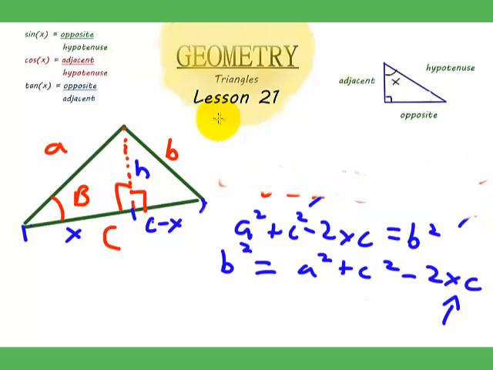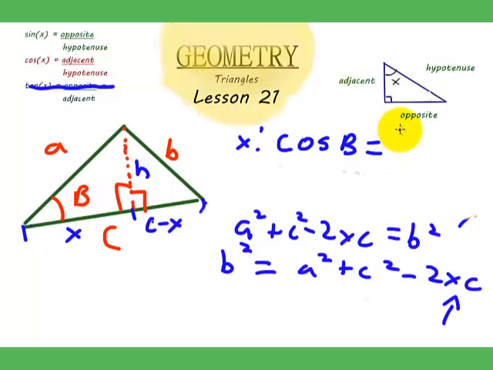So rubbing the top out again, if we want to find x, let's use cos here. So, adjacent over hypotenuse. So, the cosine of B is equal to x over a.